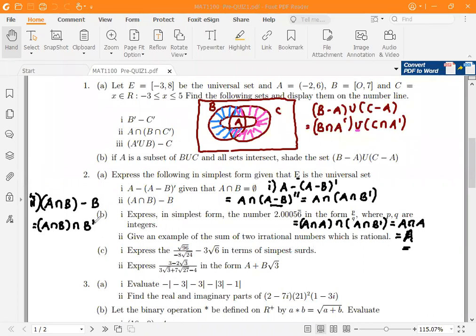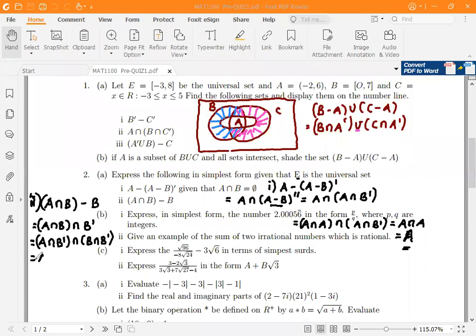Now the whole A intersection B is in B. So this is empty. But if I can't see, then I can distribute. You say A intersection B complement intersection B intersection B complement.